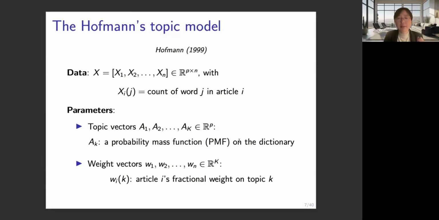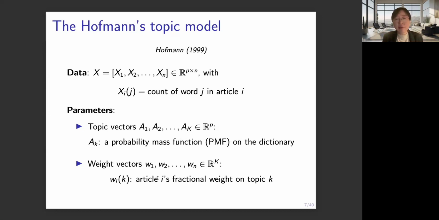Let's think about statistical research. For example, we have a topic that is non-parametric, and then this A_k will have more mass, higher frequencies, on words such as kernel and bandwidth. And then we have another topic that is Bayesian statistics, and that A_k will have large entries on words like prior and posterior.